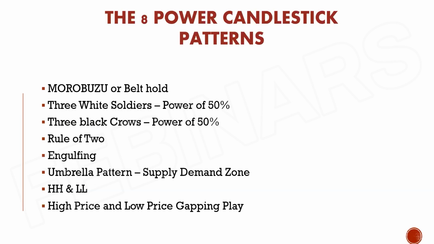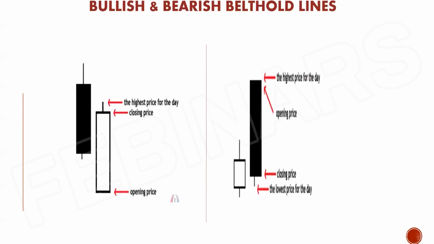Rule of 2, engulfing, umbrella pattern, which occurs near the supply or demand zones, higher high, lower low patterns, high price, low price, gapping play patterns, which are the important patterns to trade in candlesticks. For short term traders, these are very, very important points. The minute adjustments with the confluence zones one needs to understand.